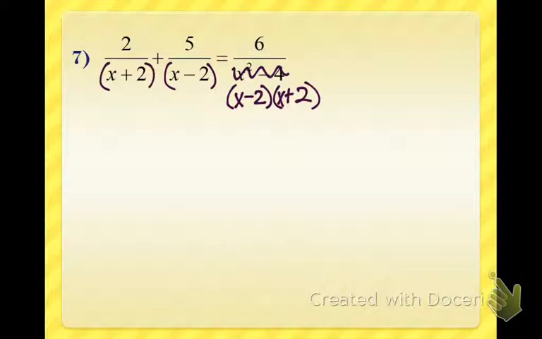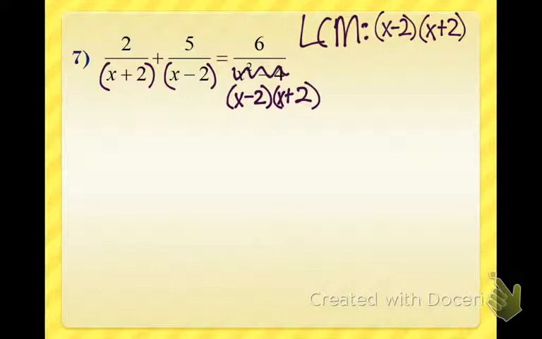What is my least common multiple? Or what would be in my denominator if I were getting a common denominator? X minus 2, x plus 2. If I'm getting a common denominator, that's what would be in it.